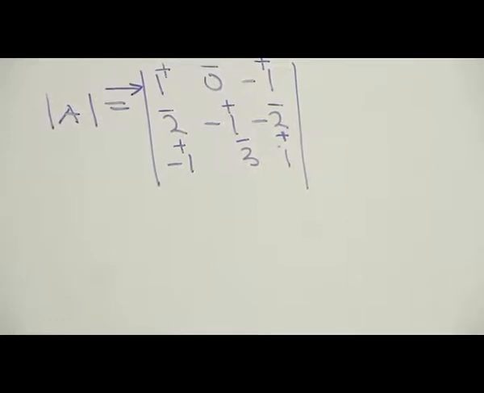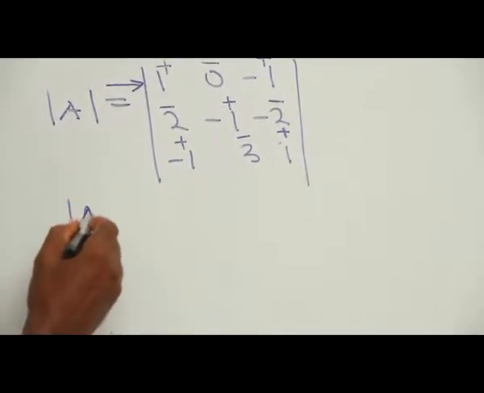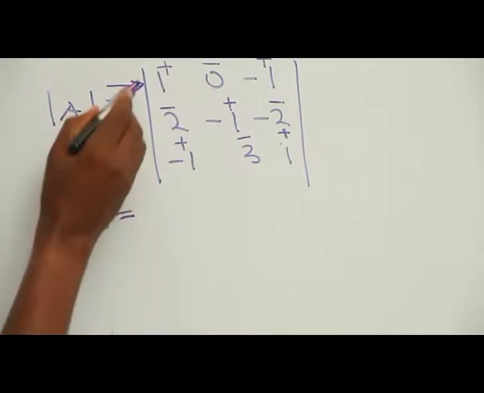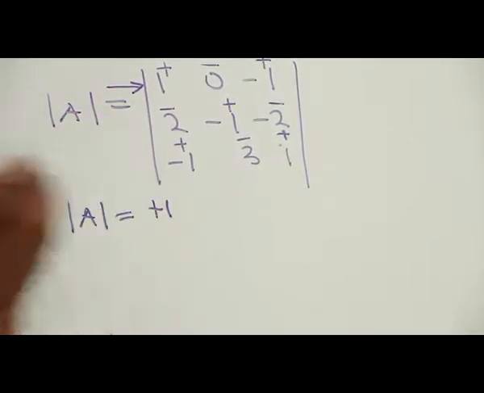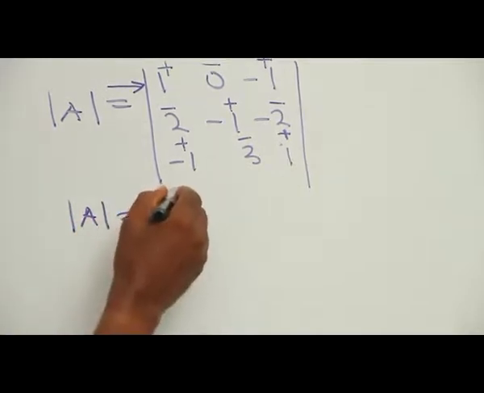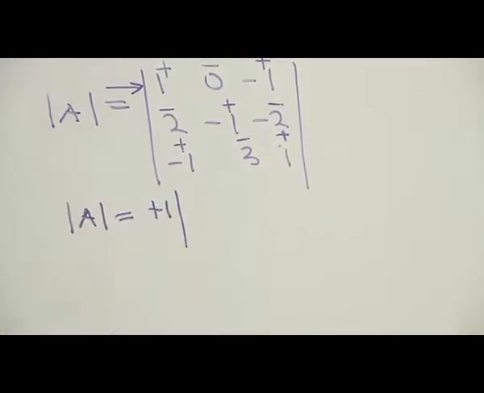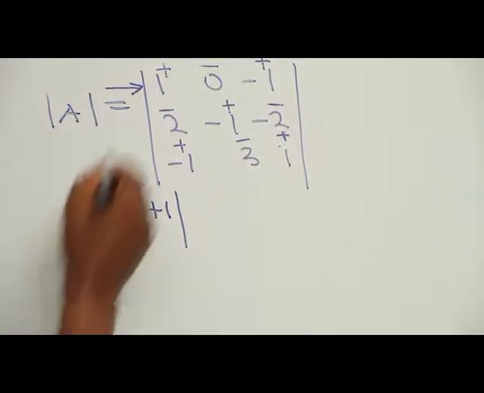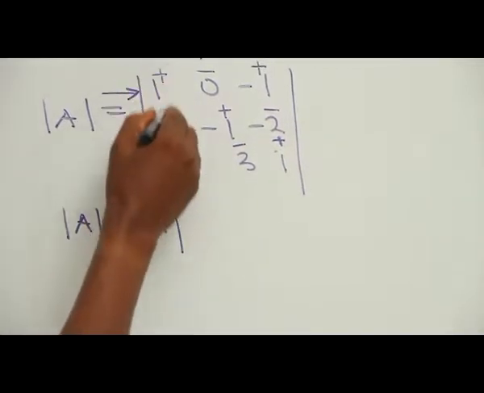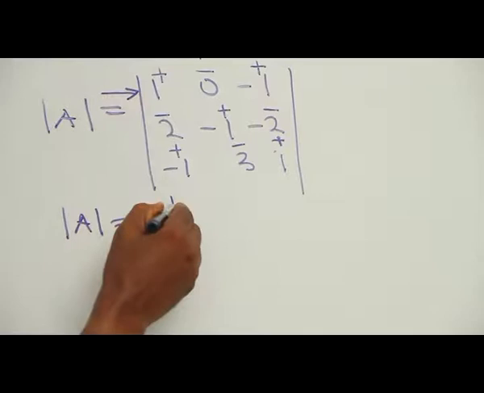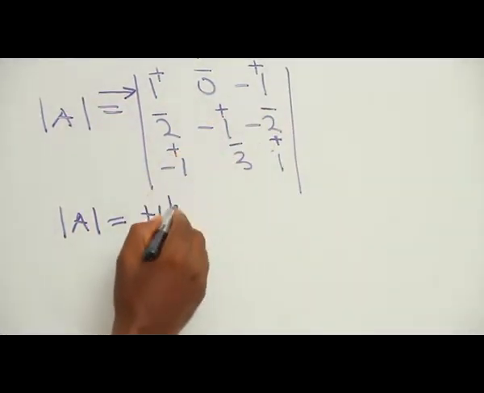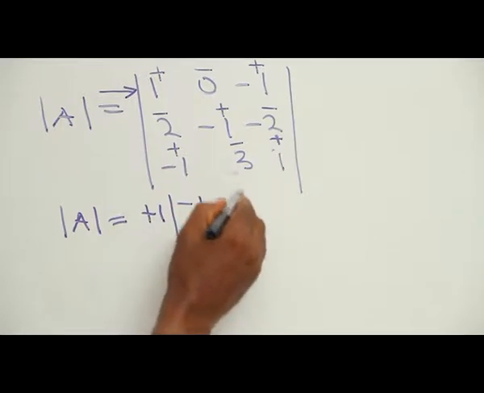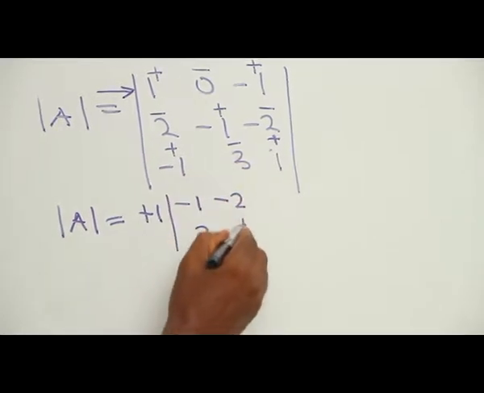How do we do that? We will start. This is your A, determinant of A. The first row contains a positive sign, so it is plus 1. Then you open another modulus. In this one, you will cancel every element on this column and every element on this row, leaving you with the minus 1, the minus 2, the 3, and the 1.